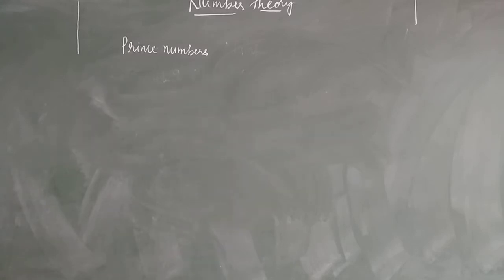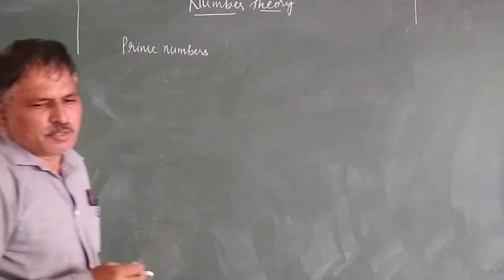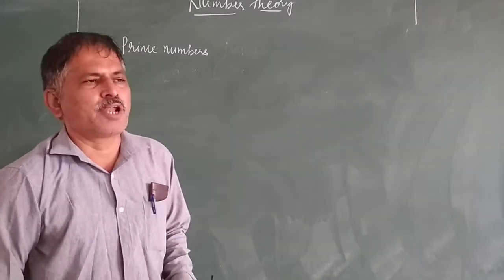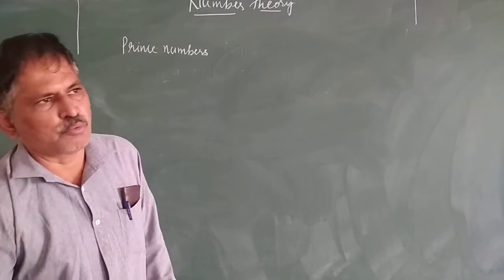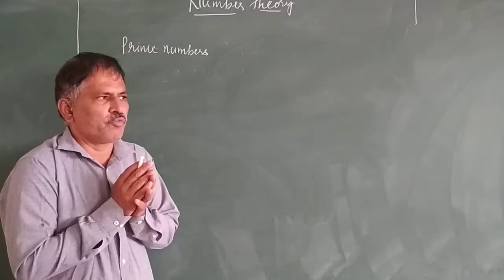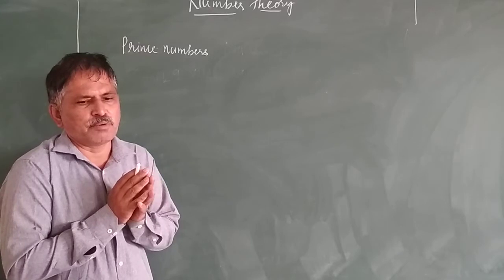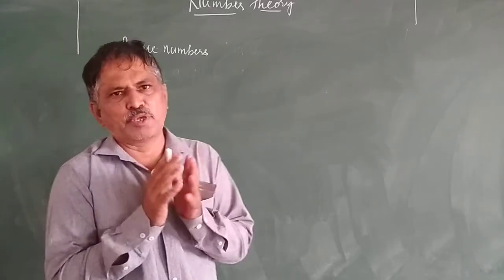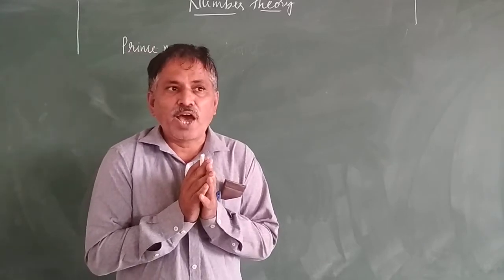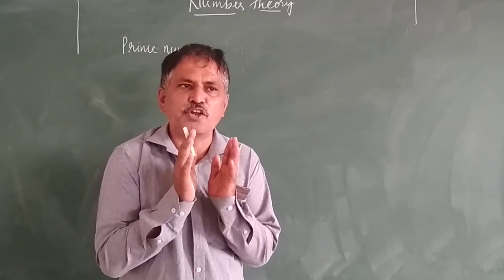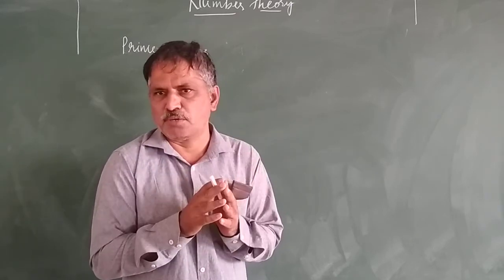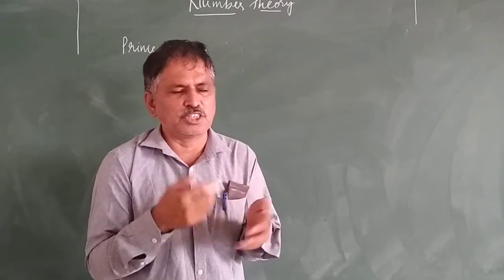The next topic is prime numbers as well as composite numbers. Always remember, a number may be a prime number or it may be a composite number, and the values should be greater than 1. We will decide prime or composite later.